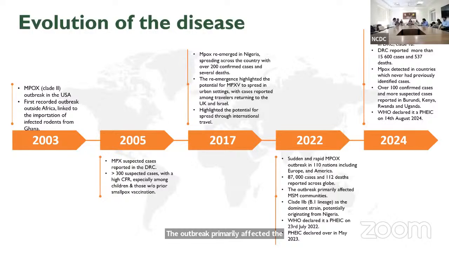So this was a stigma that was bothersome for the entire global community, that the outbreak was being linked to a certain community or certain risk factor. The clade responsible was found to be clade 2B, with the B1 lineage as the dominant strain, potentially originating from Nigeria.